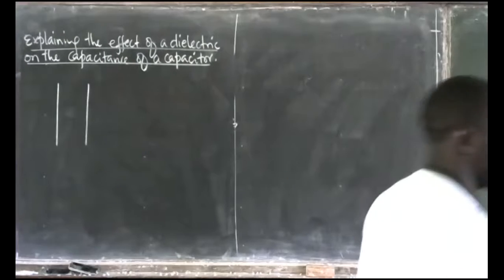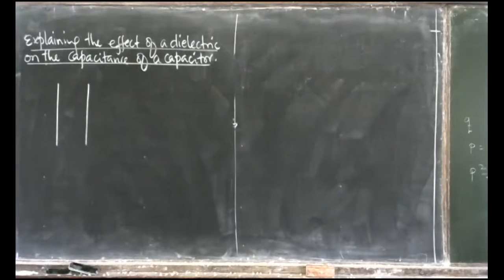For example, if you look at this one, blue is facing that side while red is this way. The next one, blue is this side and the red is the other side. But after inserting it, what happens? They have aligned themselves. Do you realize that all the blue are on one side and all the red are on the other side? Are we realizing that? Yes, teacher. Good. So that's what we want to explain here now.